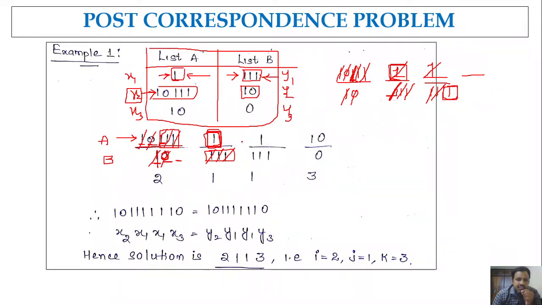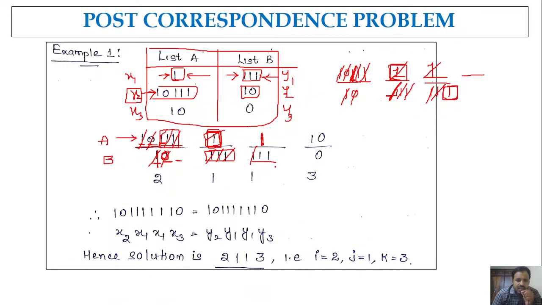So we can take the numerator part as x1, that means we can select x1 from list A and y1 from list B. So you'll get 1 and triple 1, and this one will be matching with this one.